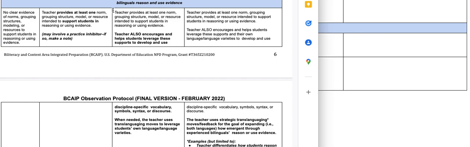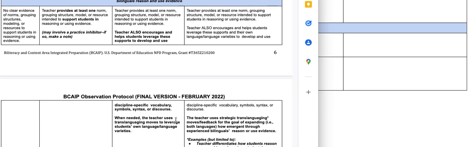So again, as we've talked about in the previous videos for other practices, a major difference between a level 1 and a level 2 is the teacher not just providing supports, but really facilitating students' use of them to really engage students at a deeper level and really maximize the use of these scaffolds to engage with the disciplinary language and discourse more deeply.